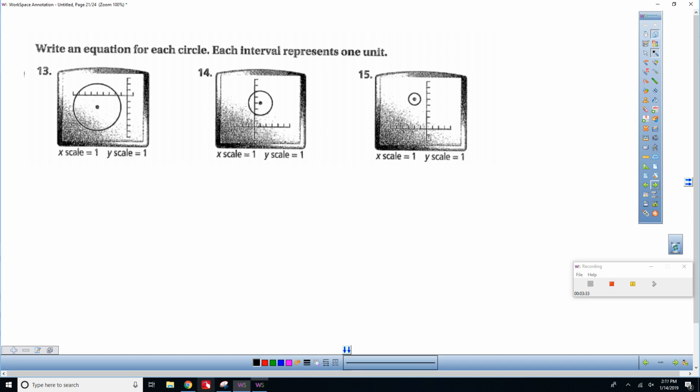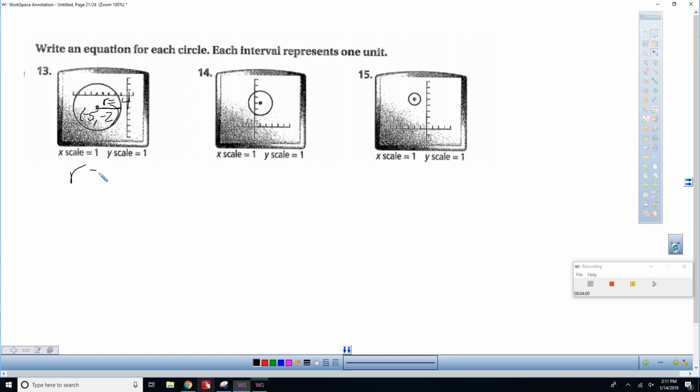So what is this? Well, we just have to work the other way. So it looks like this point right there is 1, 2, 3, 4, 5. It's negative 5, comma negative 2. It looks like from here to here is, how long is that? It's 1, 2, 3, it's 4.